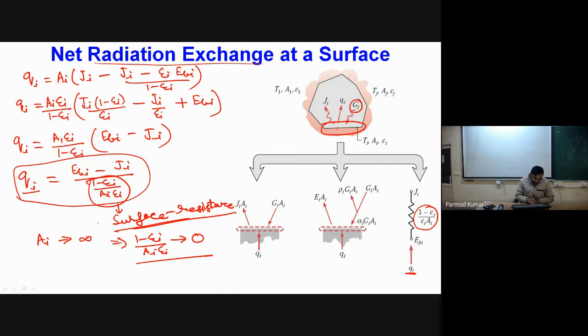So under that scenario, radiosity JI will be becoming equal to EBI, and we will not be having any surface resistance. Okay, so surface resistance is something which is associated because of the absorptivity and reflectivity of the surfaces. Okay, and we can also say that this is something which is true for a large area face. It is behaving like a black body. When we are having a black body, in that case also we will be having this surface resistance to be 0 and JI equal to EBI. So is it clear?